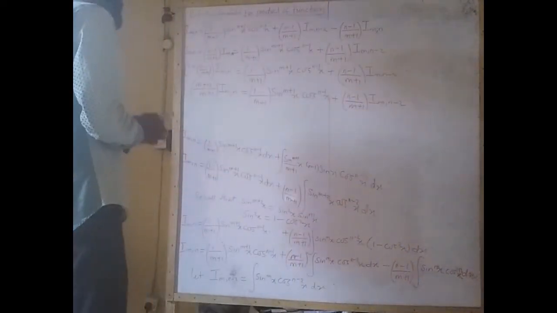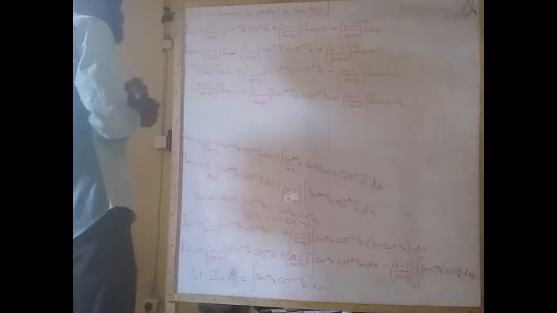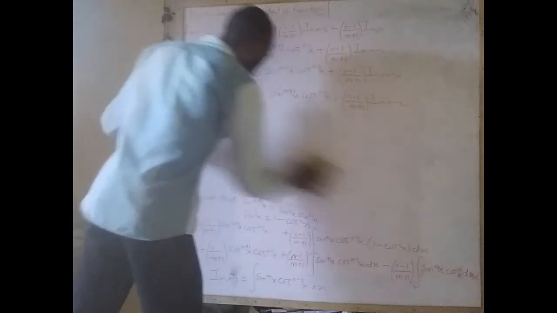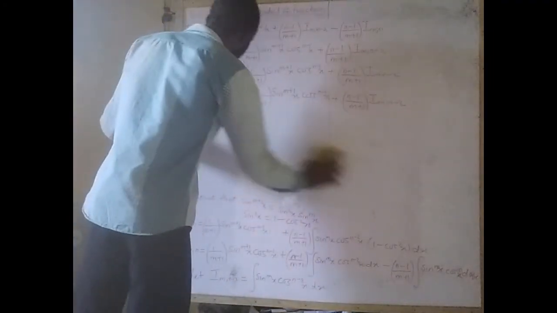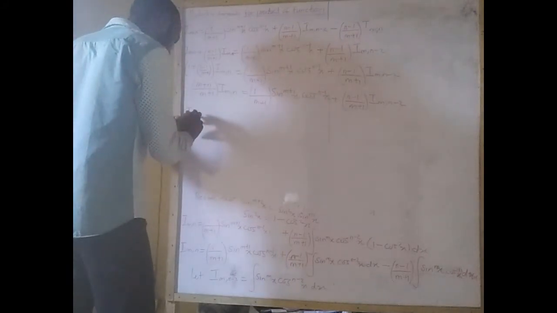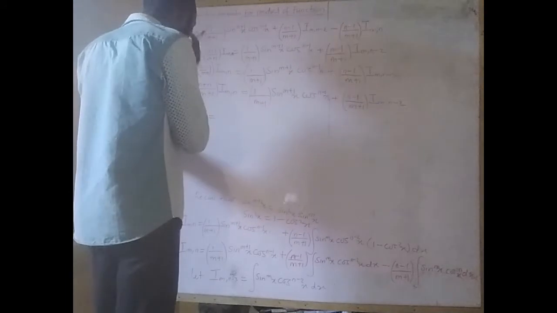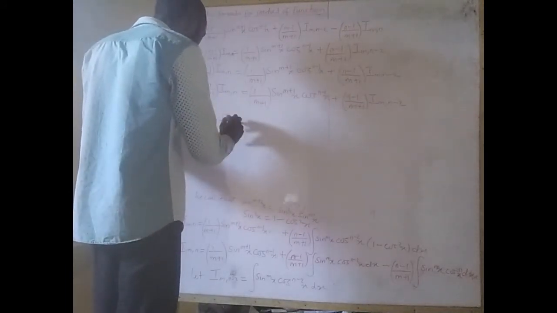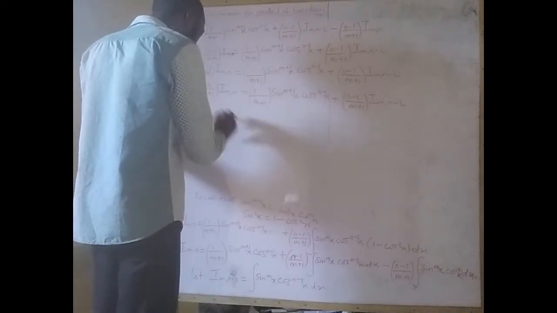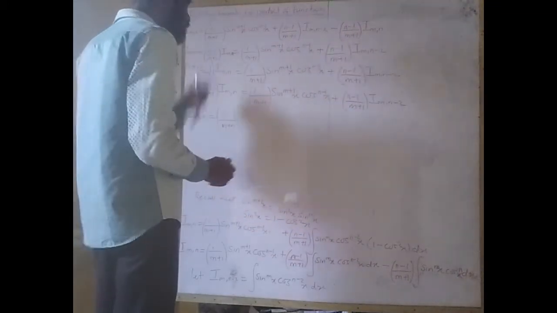Now from here, because my plan is to get I(m,n), I need to divide through by (m plus n) divided by (n plus 1). If I do that, my I(m,n) will now be 1 divided by (m plus n), because (n plus 1) will cancel (n plus 1).